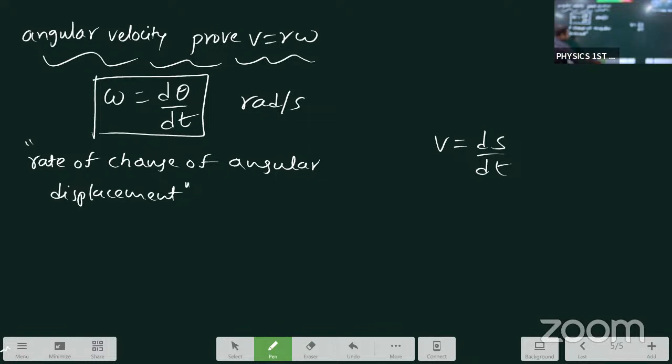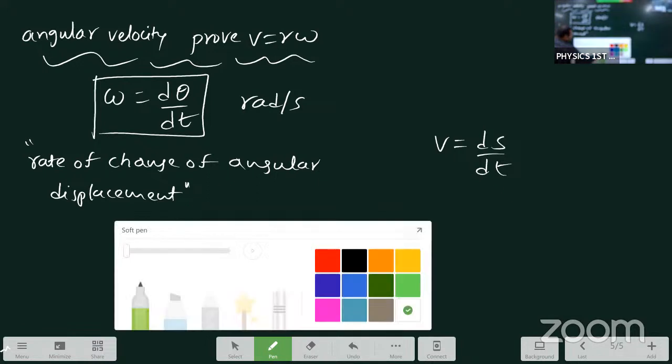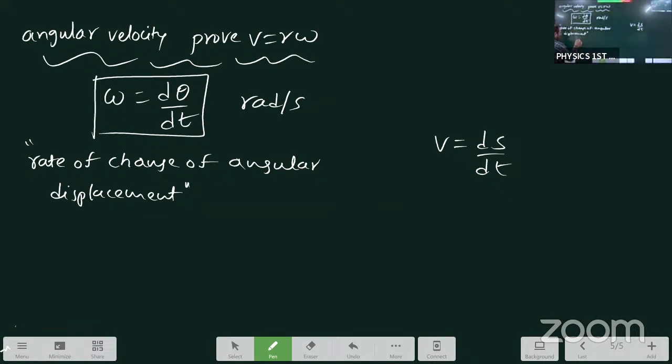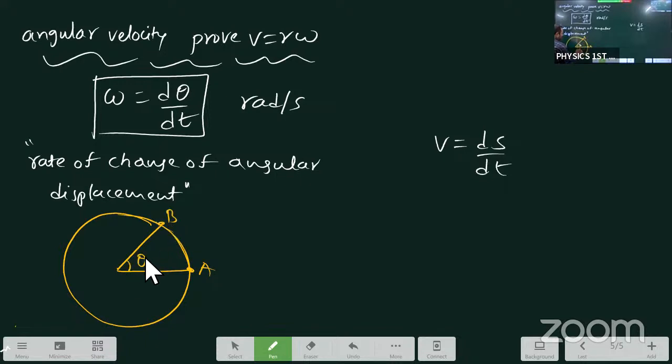For this V equals R omega, I'm drawing one diagram. One particle moves from A like this and reaches point B, with angle theta or omega. So a particle moving in a circular path with angular velocity omega makes angle theta at the center.